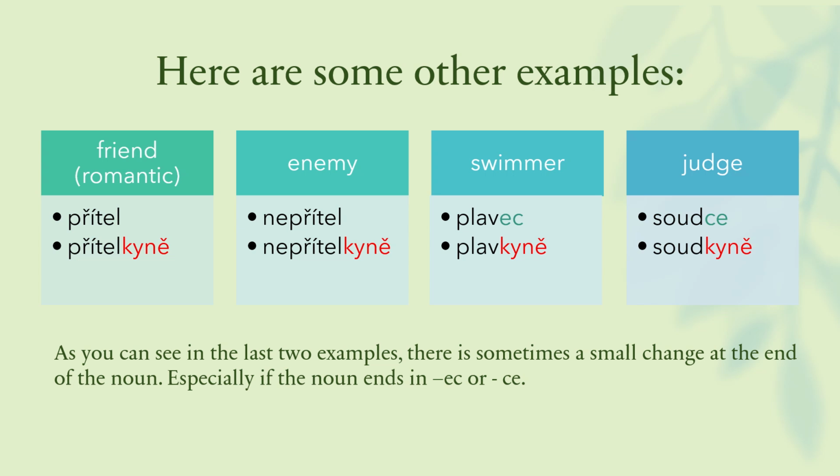As you can see in the last two examples, there is sometimes a small change at the end of the noun, especially if the noun ends in EC or CE. As you can see, plavec, plavkyně. The EC disappears and it's replaced by kyně in order to create a female noun.